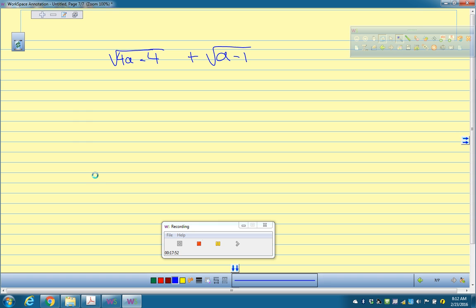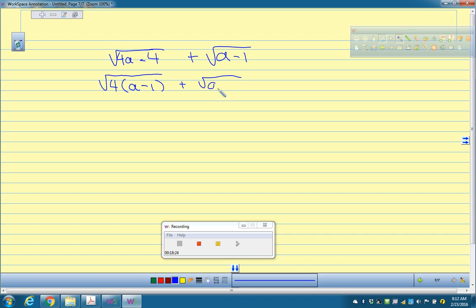Anyone see something I could do in there? What's in both 4a and a 4? What's in both 4a and a 4? There's a 4, right? So you said 2, but I think you meant the square root of 4, which is 2. So I could pull out a 4 like this, a minus 1. I would write this one down, okay?